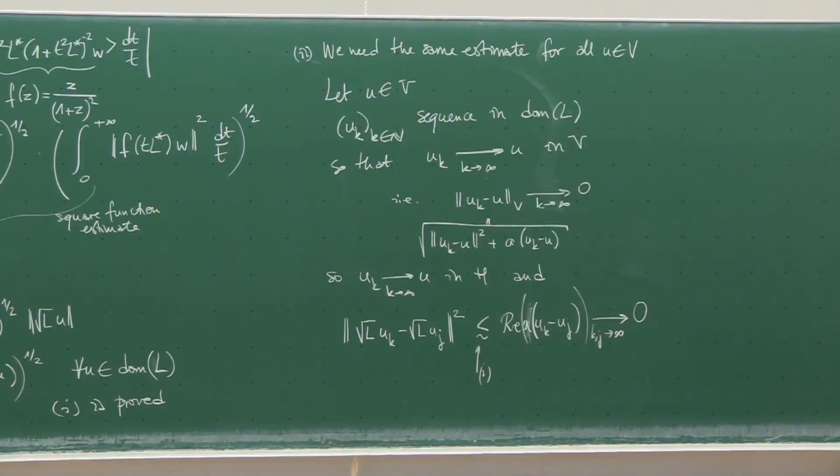So it means that the square root of L uk is a Cauchy sequence in H.